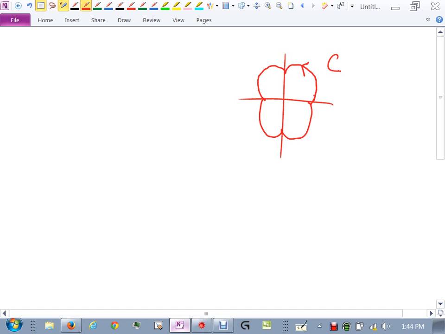How could we check that it is positive orientation, that it is drawing that curve counterclockwise? Plug in a couple of values. So what if t is 0? Where are we if t is 0? You have to plug it into the parametric equations.